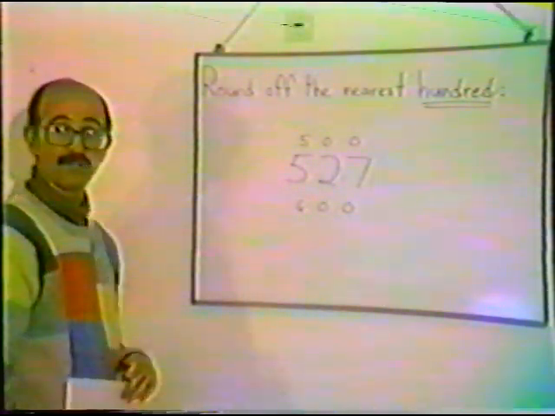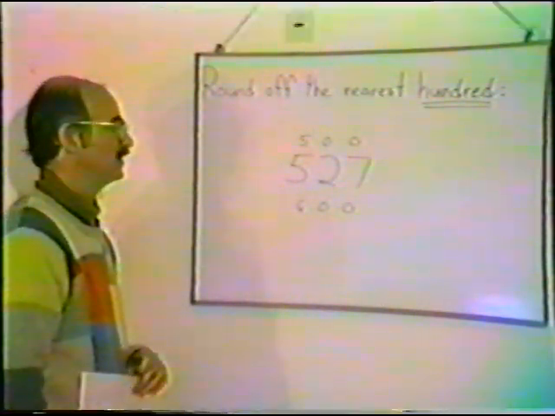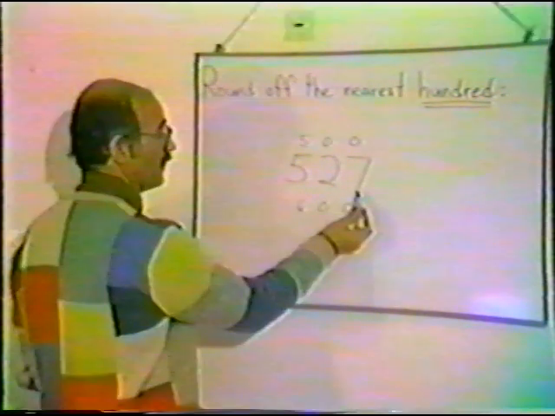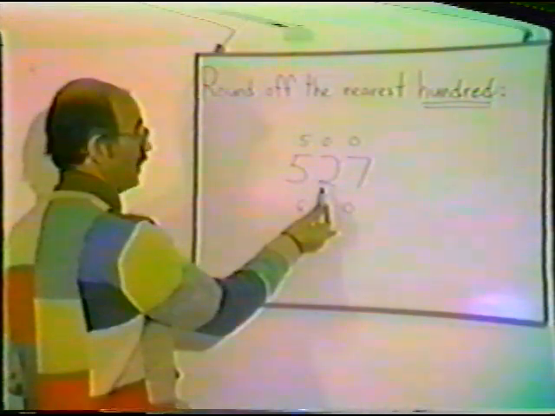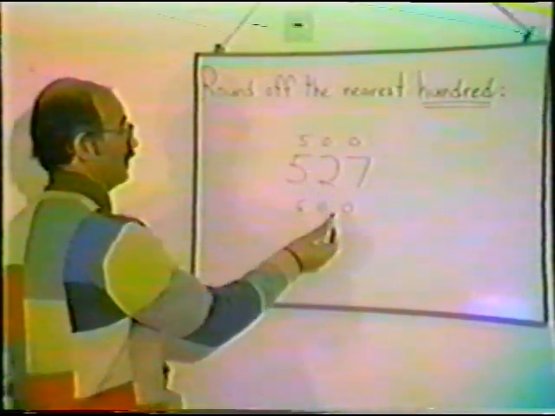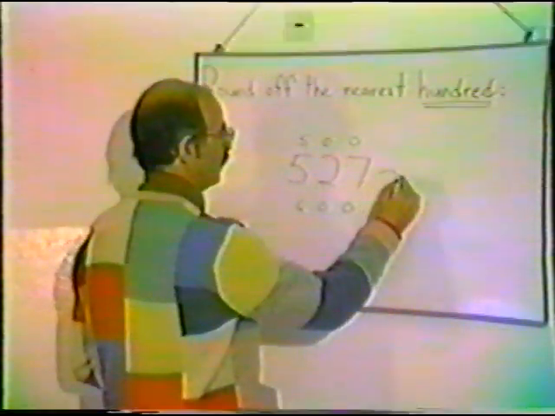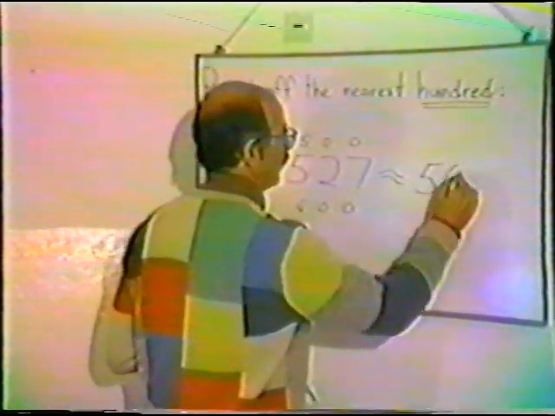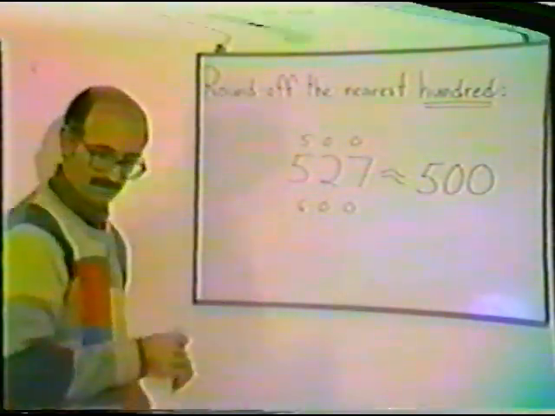And which of those two numbers is it closer to? 500. Yes, because 27 is less than halfway there. It's less than 50. So round it off to the nearest 100, it's 500.